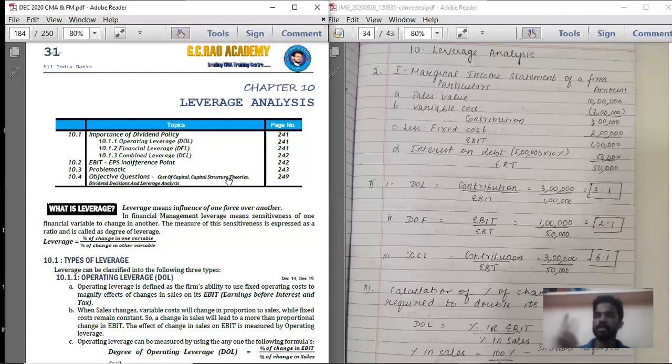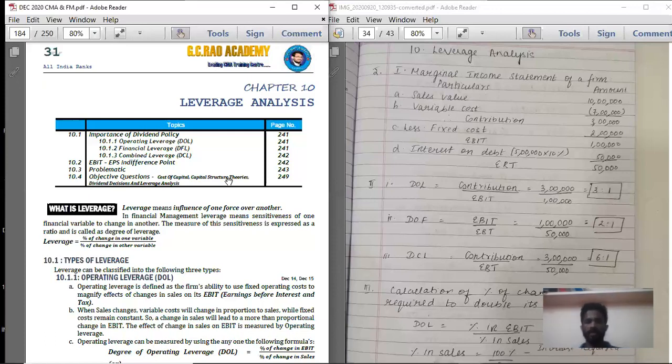Suppose at 1 lakh sales units your EBIT is 20,000, and at 2 lakh sales units your EBIT is 30,000. The percentage of change in EBIT divided by the percentage of change in sales is called the degree of operating leverage, that is DOL.